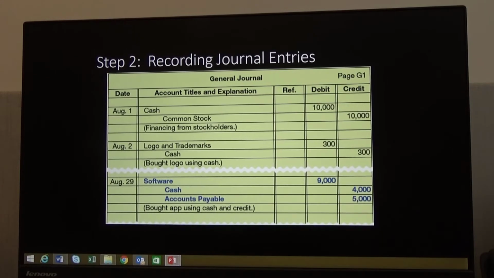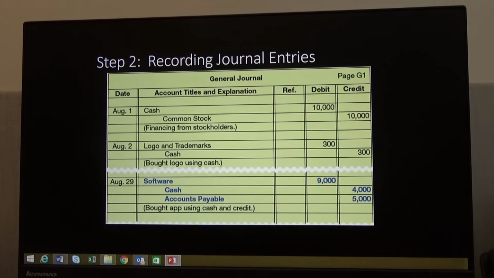And the third entry you see there is a purchase of an application, meaning a software app, using cash and credit. So we can see that their software asset increased, that asset they purchased, and so we debit it. And in exchange for the software, they gave up cash and they agreed to pay some more later.